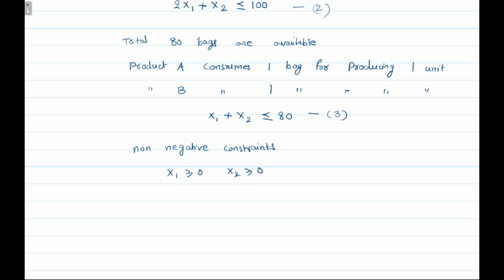Now let us solve this problem using the graphical method.